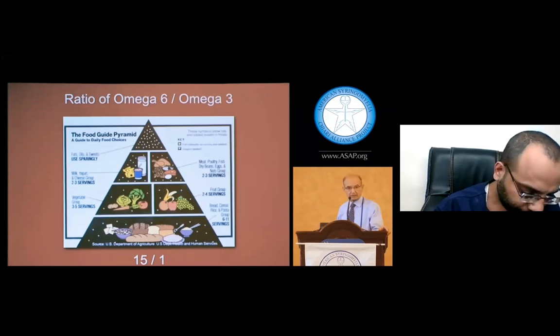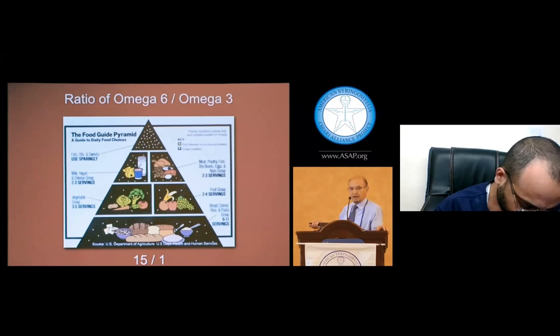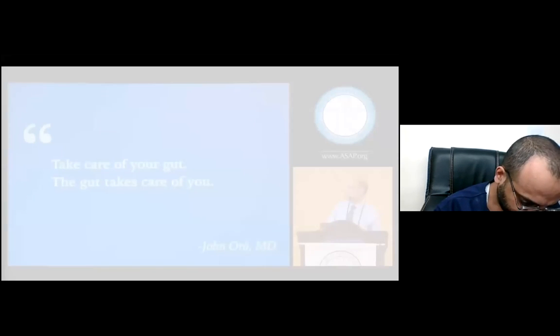This is the pyramid we were sold in 1992, and only recently have they finally retired it. Very inflammatory, high omega-6. What I read, and I haven't gone into depth, is there was a lot of pressure from the industry to get this down as our basic food supply.